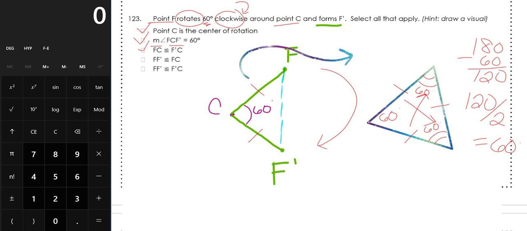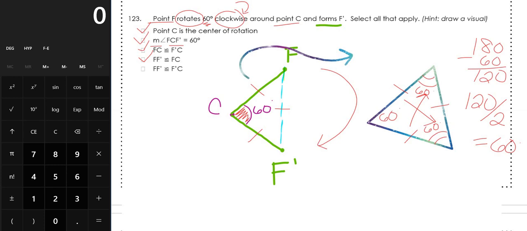So going back to our diagram, that blue line segment, absolutely, it is congruent to the other two, only because we rotated 60 degrees. If it was any other measure, 90, 150, 200, it would not have worked. It only worked because it was a 60-degree angle. So that means I'm going to check off this fourth choice.